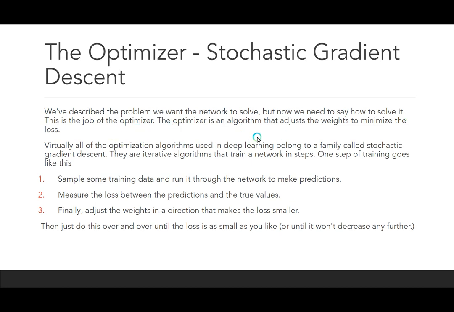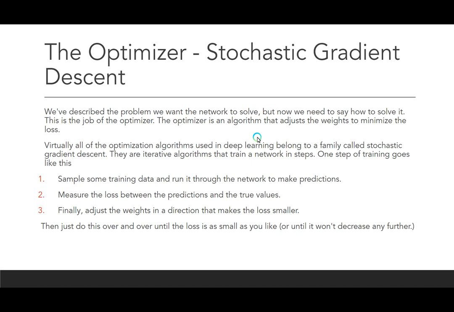The optimizer is an algorithm that adjusts the weights to minimize the loss. Virtually all of the optimization algorithms used in deep learning belong to a family called stochastic gradient descent. They are iterative algorithms that train a network in steps. One step of training goes like this.